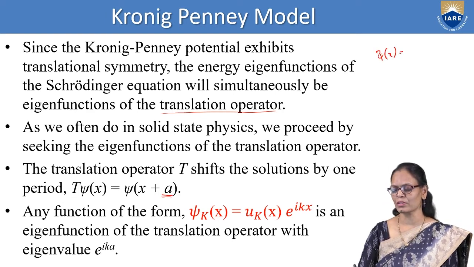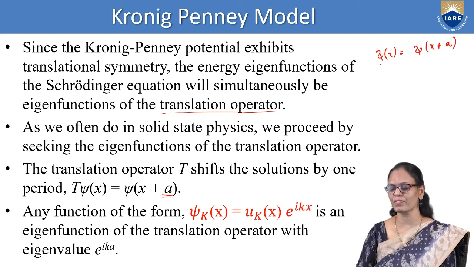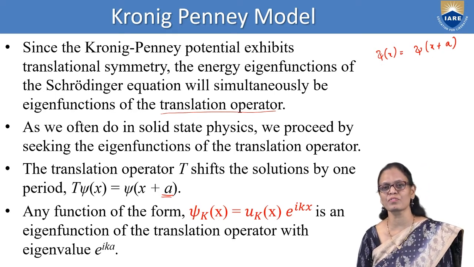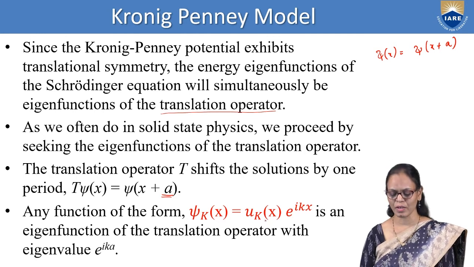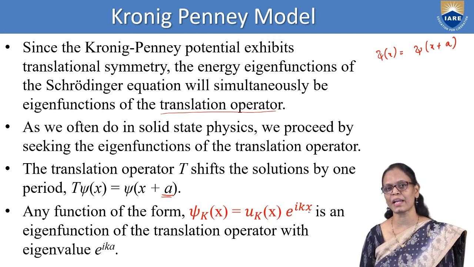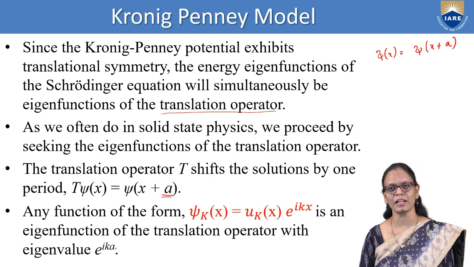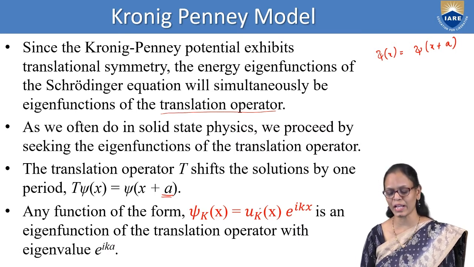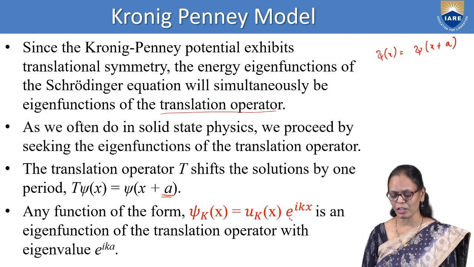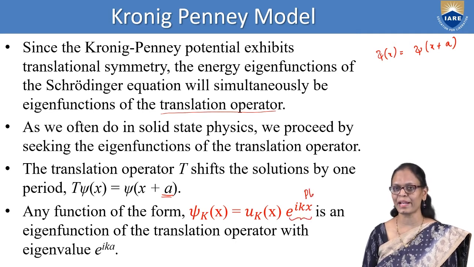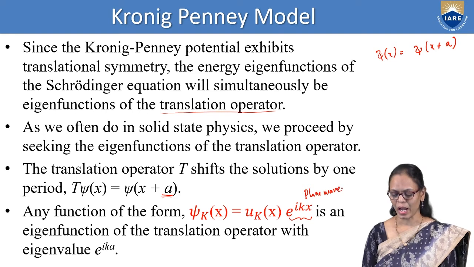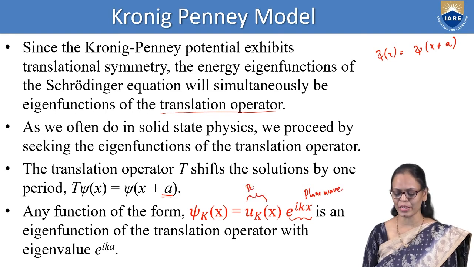Psi of x is equal to psi of x plus a represents the periodicity, which we have discussed in the Bloch function. Any function of the form psi k of x is equal to u k of x into e power i k x is an eigenfunction of the translation operator with eigenvalue e power i k a. You get the eigenvalue from the wave function, where e power i k x represents the plane wave and u k of x represents the periodicity.